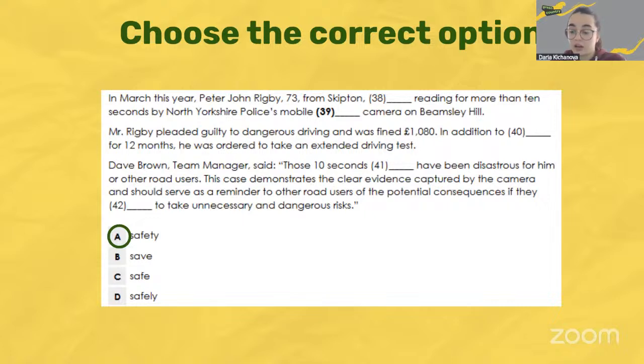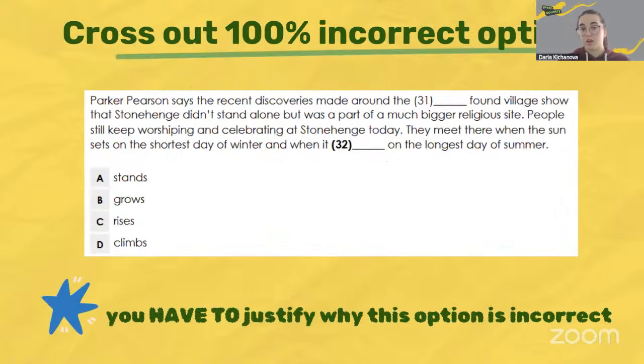Okay. Now I want us to talk about one more tip, and this is cross out 100% incorrect options. Why did I choose this tip for you? Because when the panic is growing, when the anxiety is growing, your task is to really focus on this task and cross out the variants that are totally incorrect.